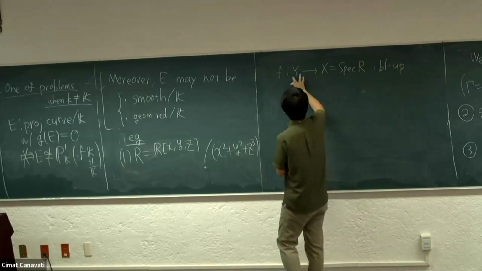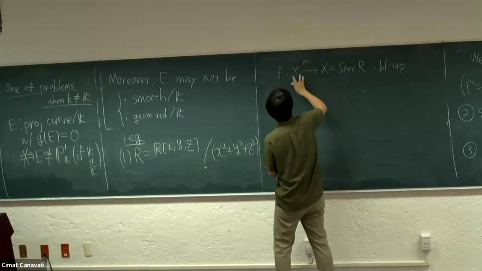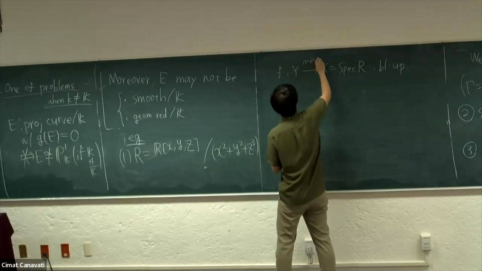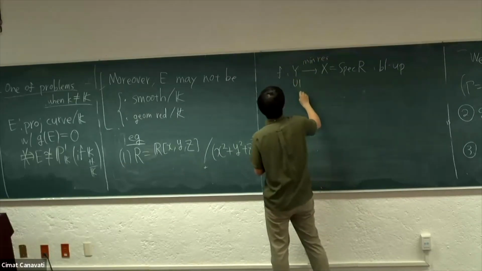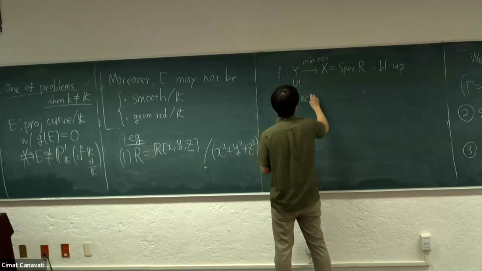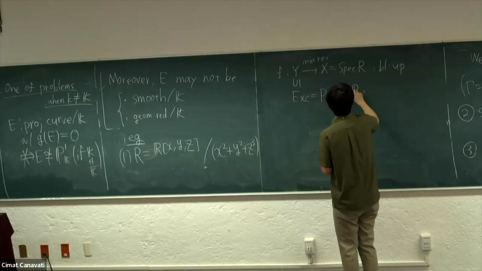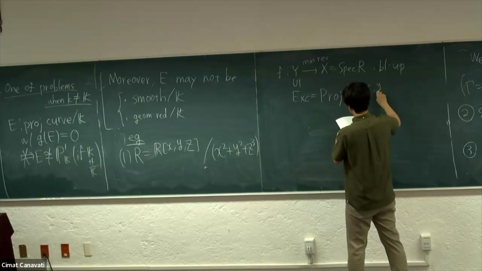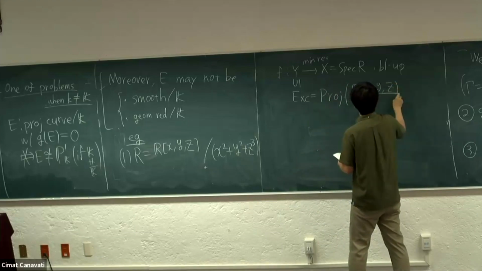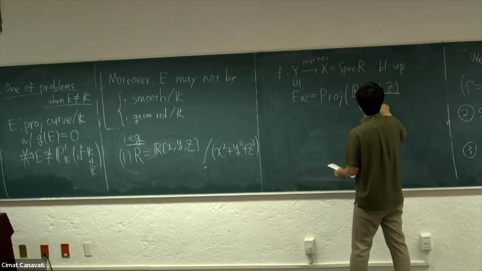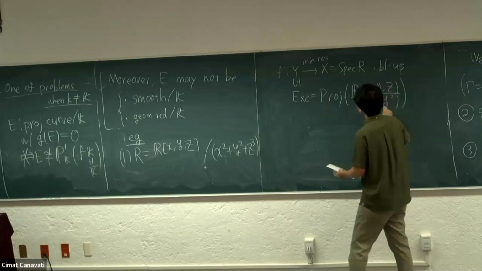Blowing up the origin, Y is regular and this is the minimal resolution. But the exceptional locus is Proj of R[x,y,z] over x squared plus y squared.